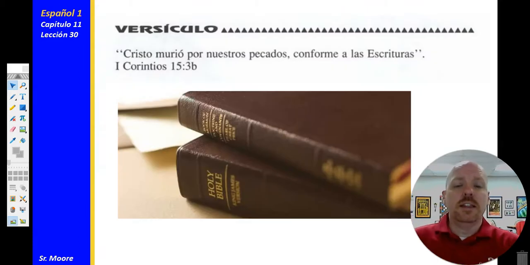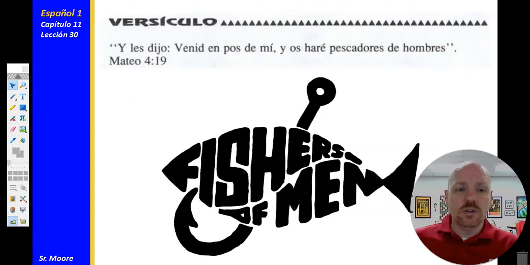Our verse that we need to review, we have three verses now in chapter 11. The first verse is 1 Corintios 15:3b. Why don't you say that with me, clase? 1 Corintios 15:3b. Cristo murió por nuestros pecados conforme a las Escrituras. 1 Corintios 15:3b. El segundo versículo es Mateo 4:19.